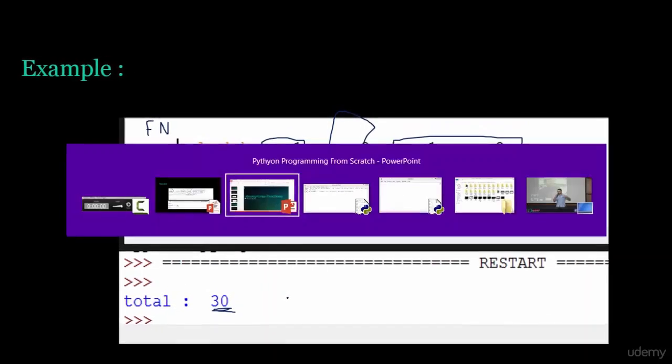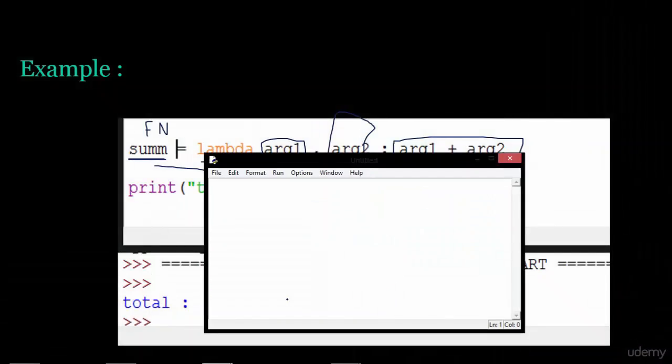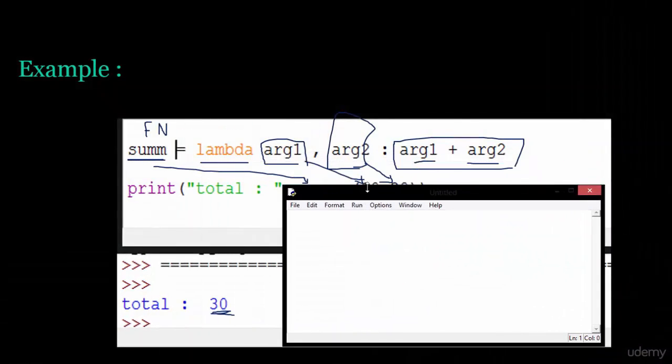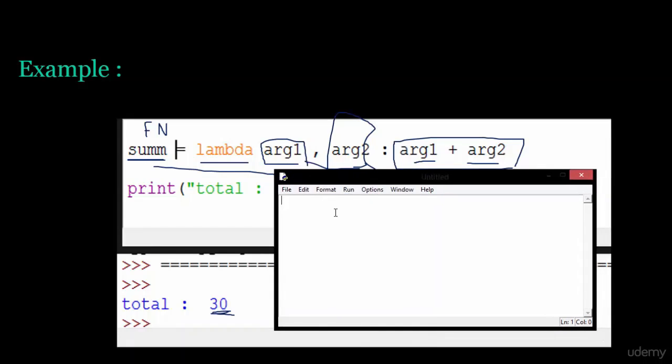Let's try this in our Python shell. This is our Python shell here. I'll create a function: sum equal to lambda, which will take x and y from us and will return x plus y. Here, print sum of the two values.